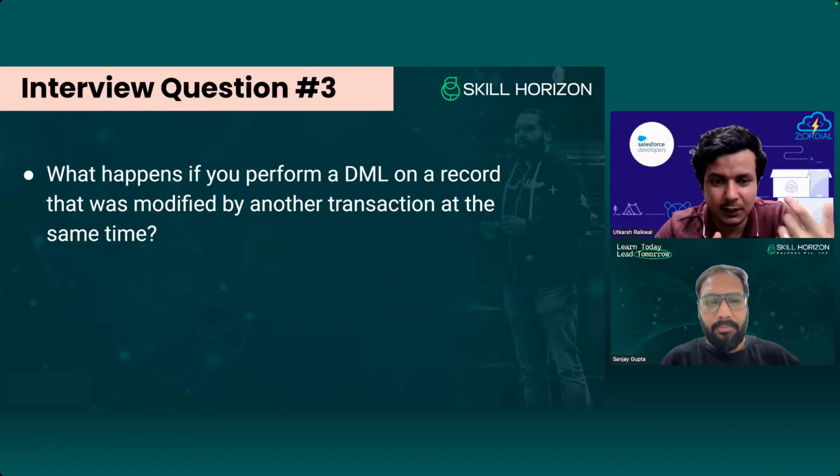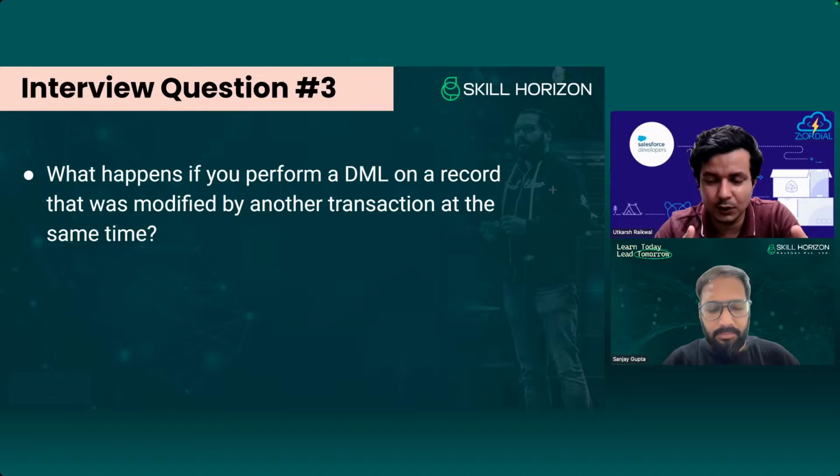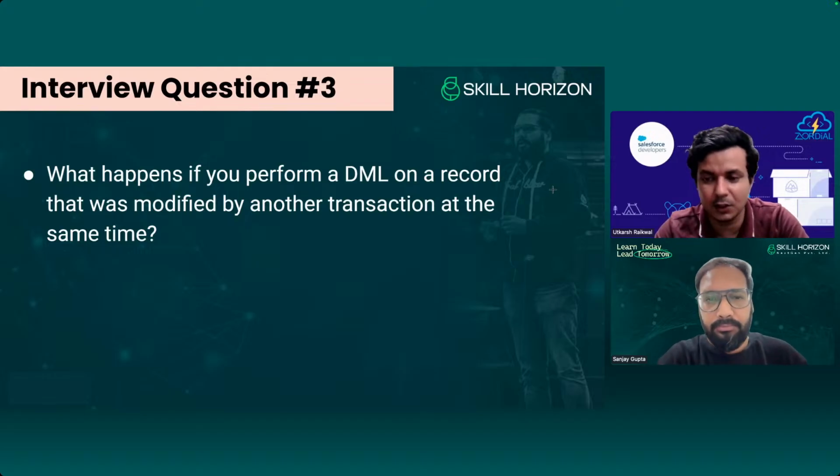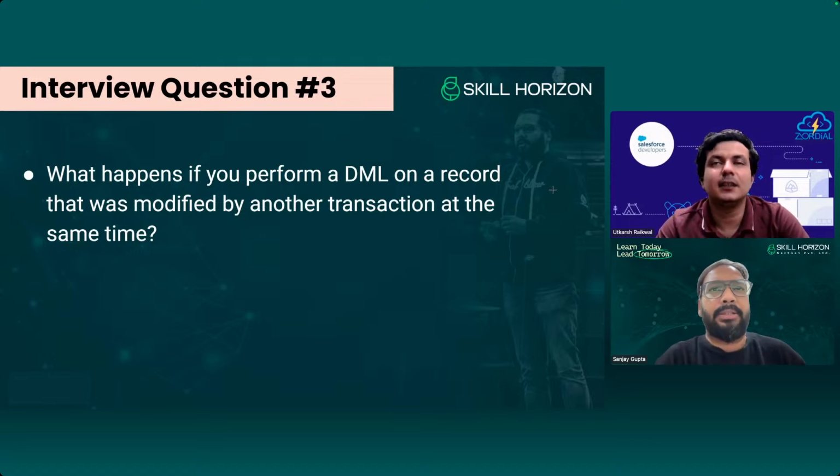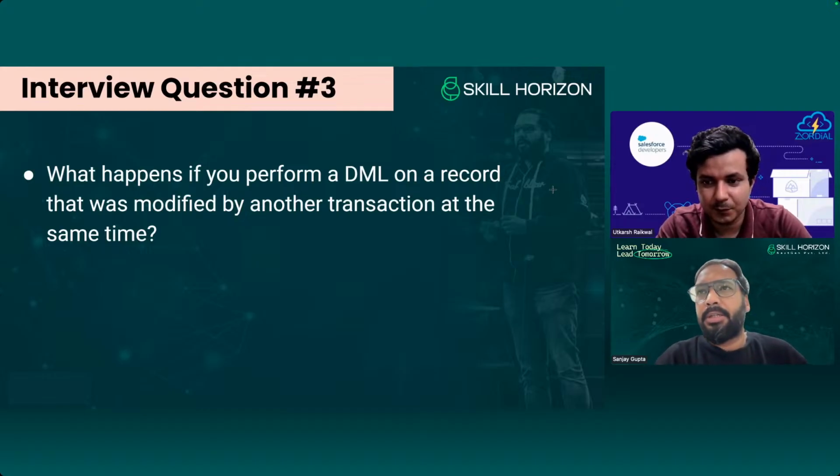But if one user is updating a particular record and another user tries to update the same record, it will throw an exception error. Okay, yeah, I think you are right. So this is quite a correct answer. So we can move on to the next question now.